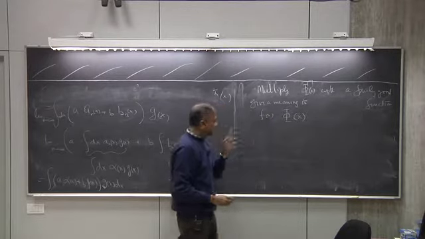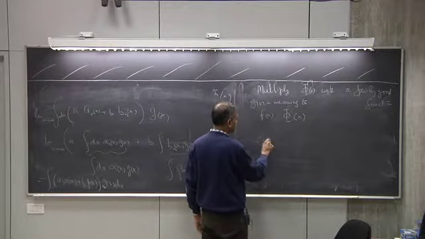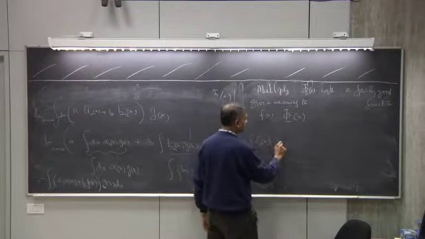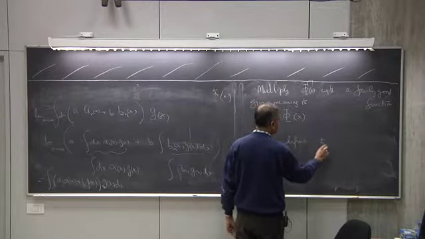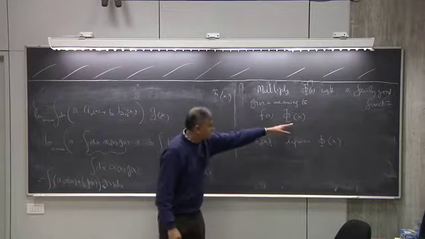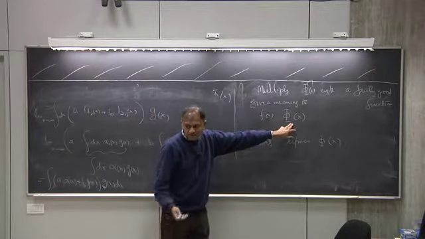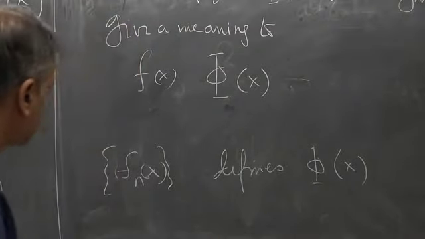Once again, let's suppose that f_n(x) is a sequence which defines the generalized function phi(x). The fact that I'm talking about a generalized function means that there is a sequence which defines it. So take this sequence to be f_n(x).